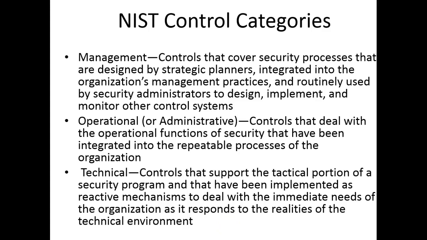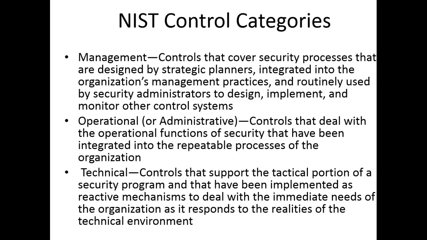So in the previous example, you saw the categories and also their operational impact on the organization. We have three types of control, as I described before: management, operational, and technical. The management controls cover security processes that are designed by the strategic planner and integrated into the company's management practices.